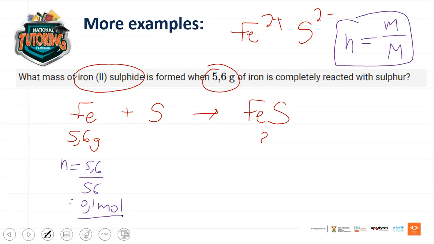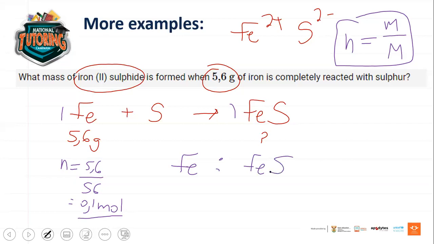Now we can work out the number of moles of iron sulfide. So pay real close attention now. How do I do this? I look at what's called the mole ratio. This is a balanced chemical equation. So in front of this iron is a 1, an invisible 1. And in front of this iron sulfide is an invisible 1. That means, what is my ratio from going from iron to iron sulfide?